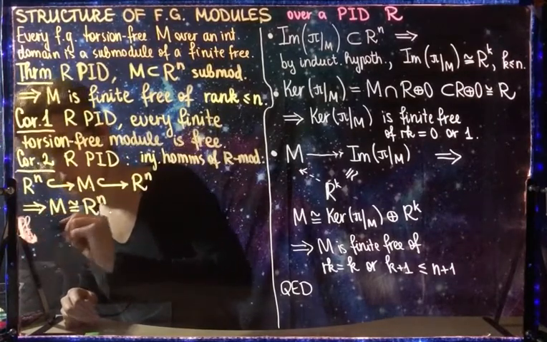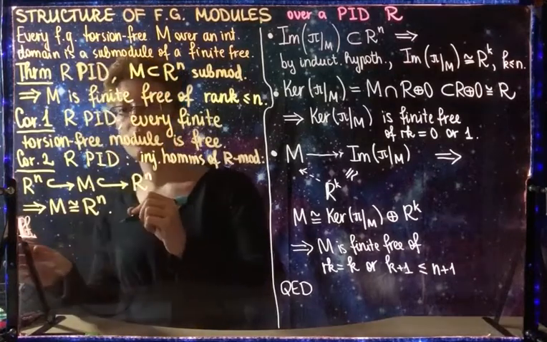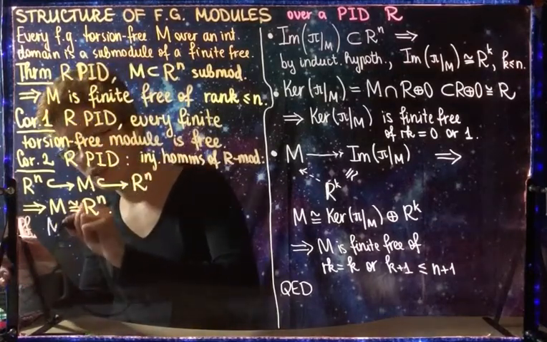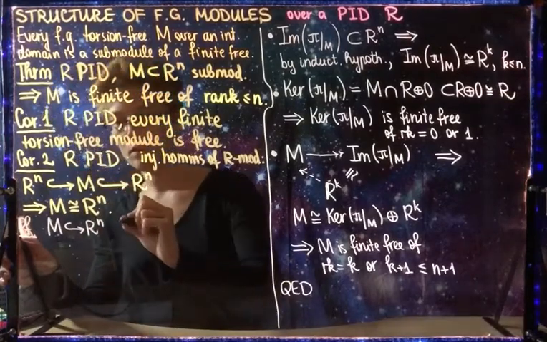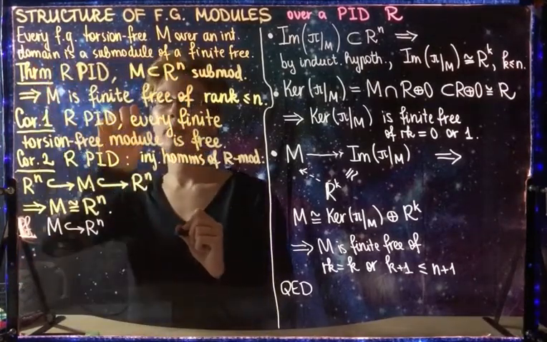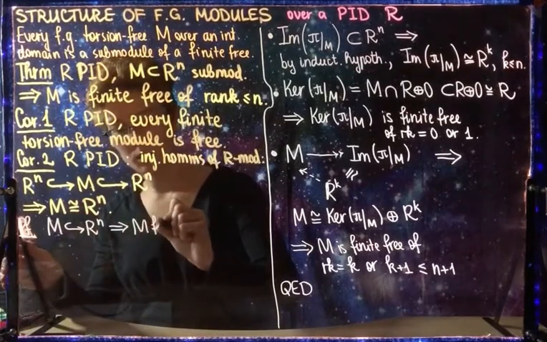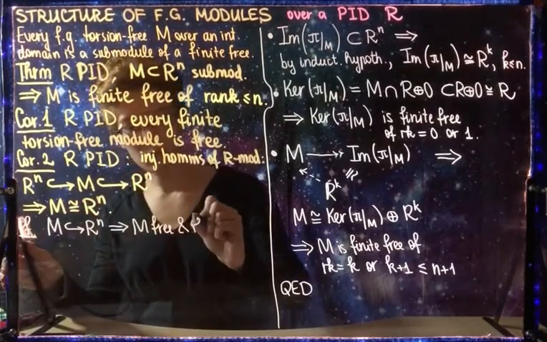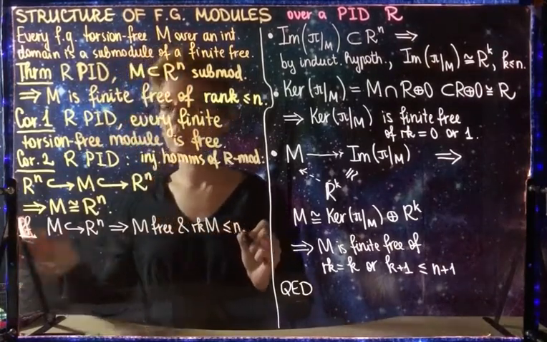To make it clear, M is a submodule of R^n. So by this theorem, it is finite free of rank at most n. So M is free, and rank M is at most n.